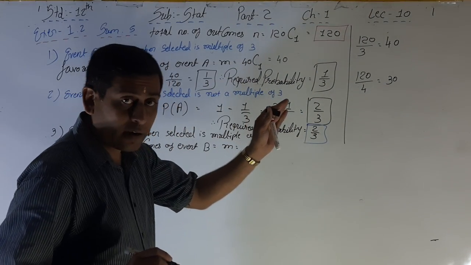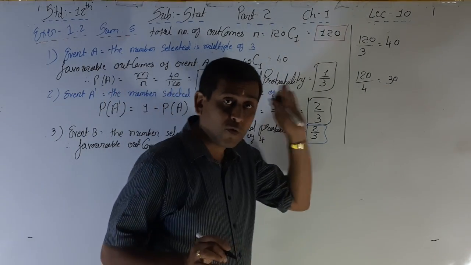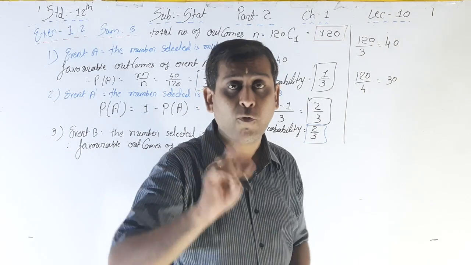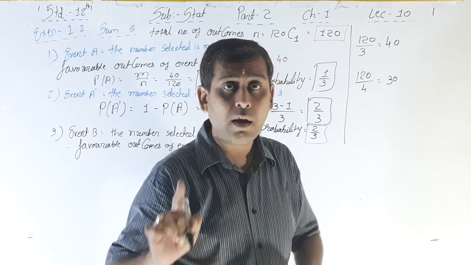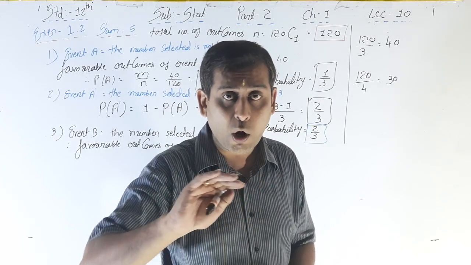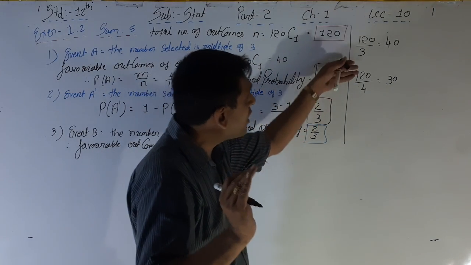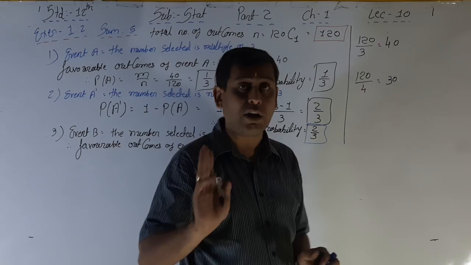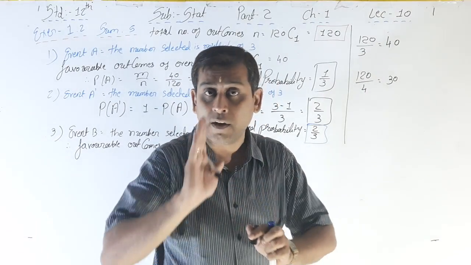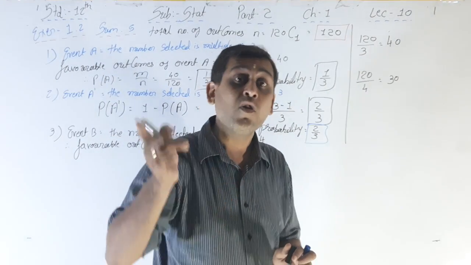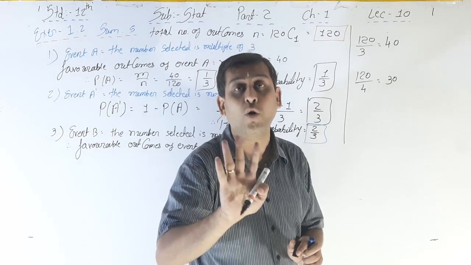How many numbers are there which are multiples of 4 from 1 to 120? 4, 8, 12, 16, 20, all are that, but we don't have to write them, we want the count. 120 divided by 4 is 30. So from 1 to 120, 30 numbers are multiples of 4, right?